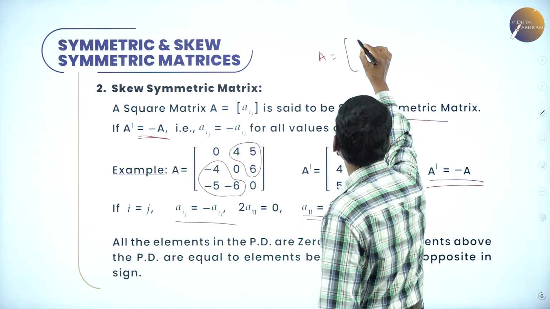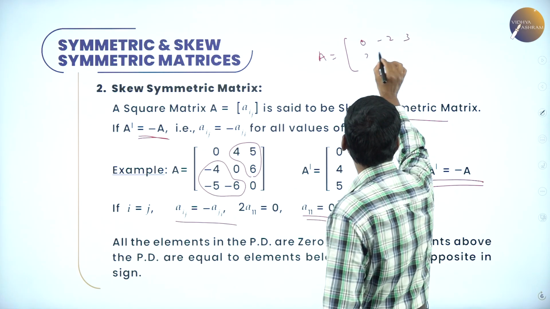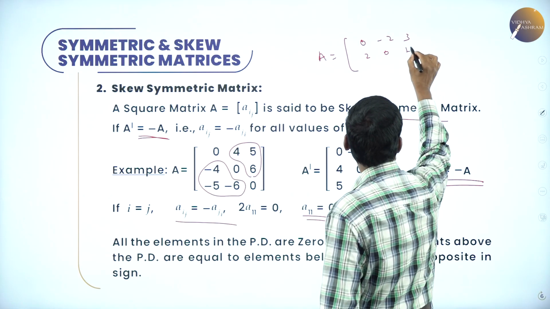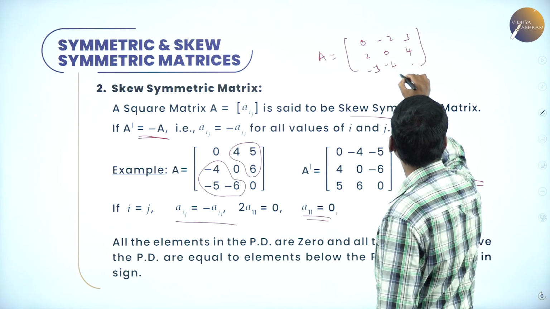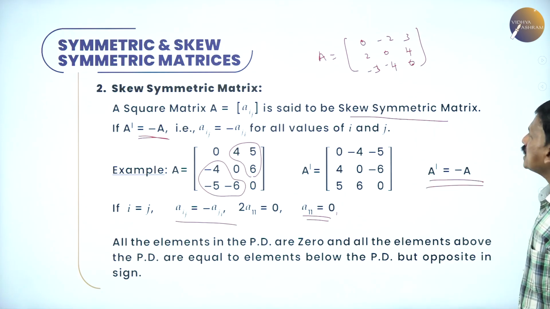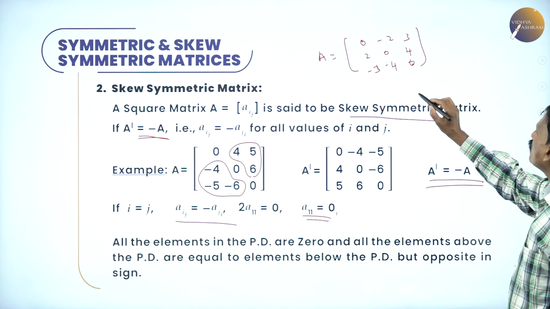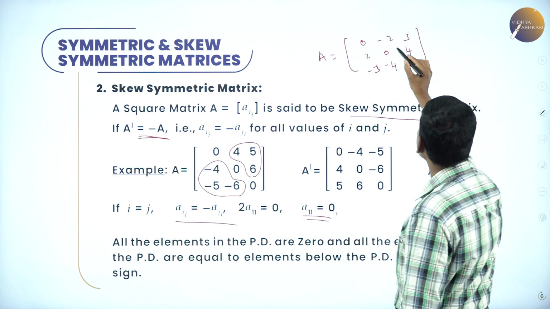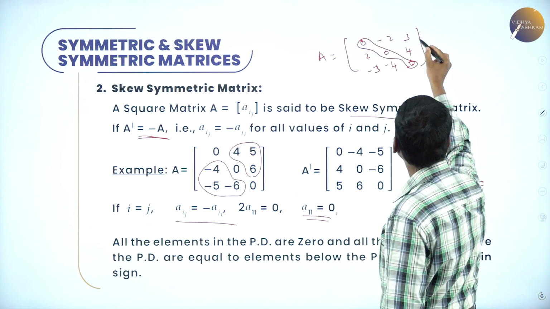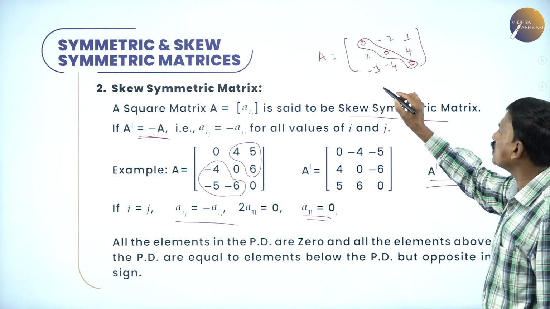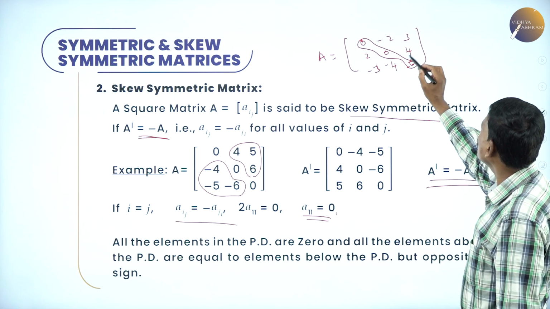A is equal to 0, minus 2, 3, 2, 0, 4, minus 3, minus 4, 0. See, all the elements in the principal diagonal are zeros, and the elements above the principal diagonal must be equal to elements below the principal diagonal, but opposite in sign. This is minus 2, plus 3, minus 3, plus 4, minus 4.